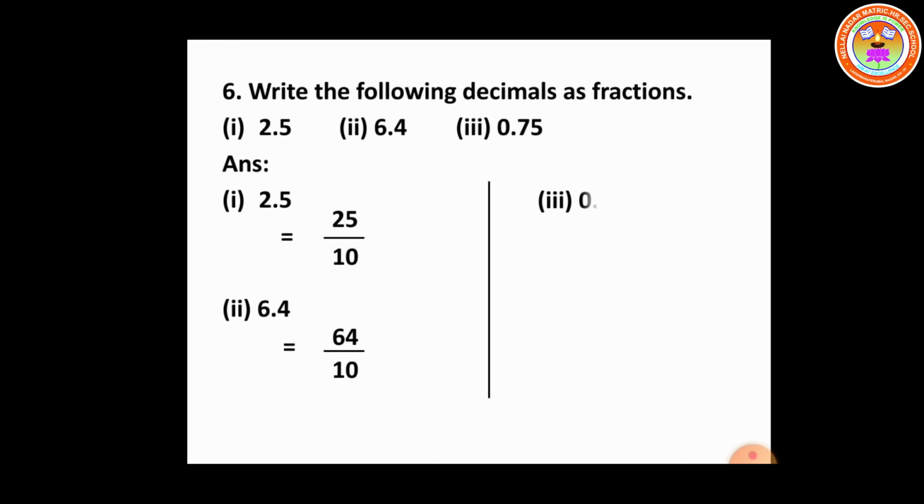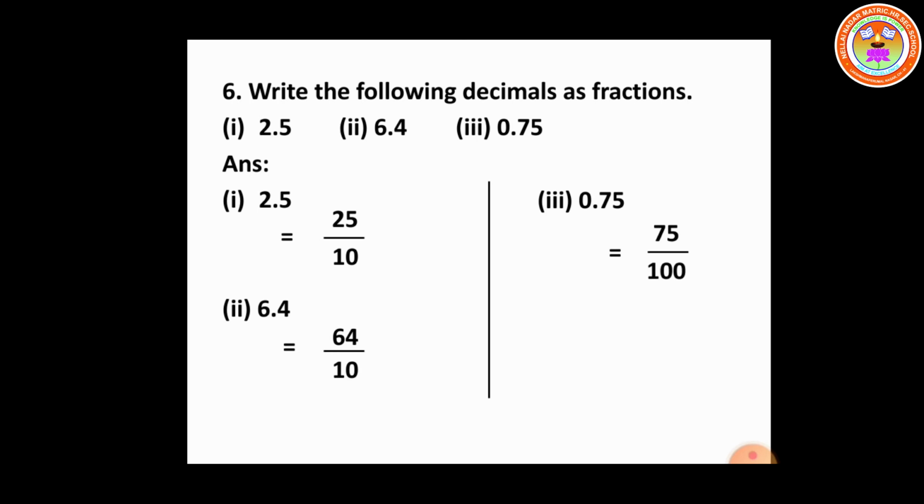Third one, 0.75, has two decimals, so we have to write the denominator as 100. 75 by 100.